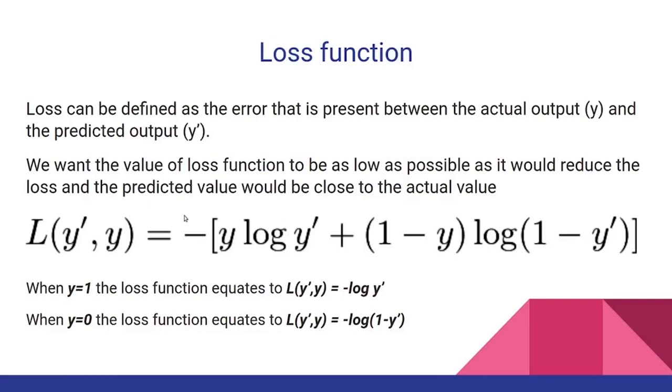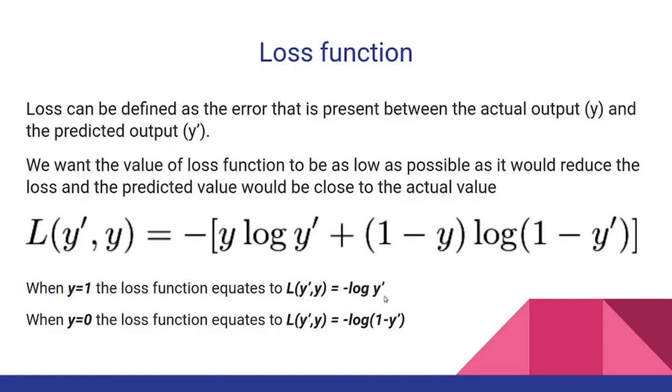To get a sense of why this is true, as I just mentioned, we want the loss function to be as low as possible, especially when our predictions are correct. So when y equal to 1, that is, say we have a label that we want to be classified as true, the loss function equates to L of y dash comma y equal to minus log y dash.